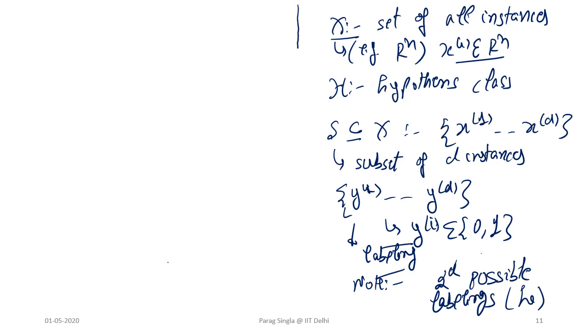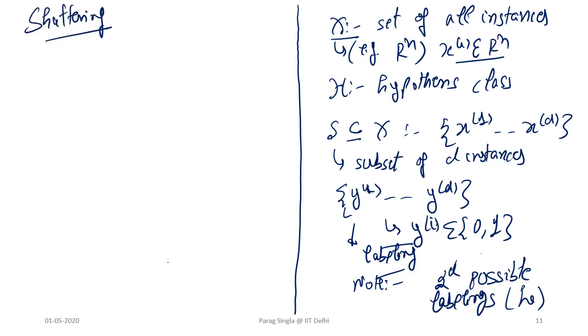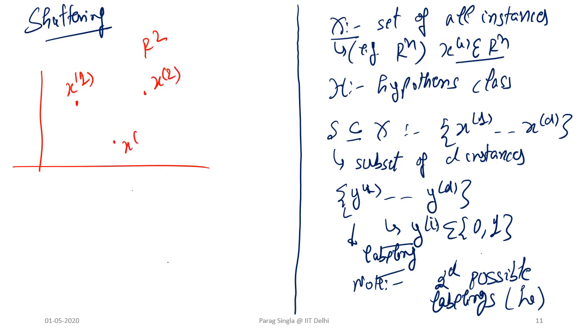Okay, so given this notation, let us understand the idea of shattering, which is quite important to the concept of VC dimension. Let's say we are in R2, and we are given three instances: x1, some other point x2, and some point x3.